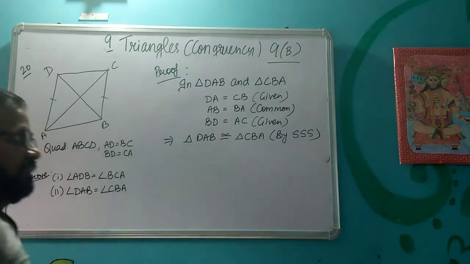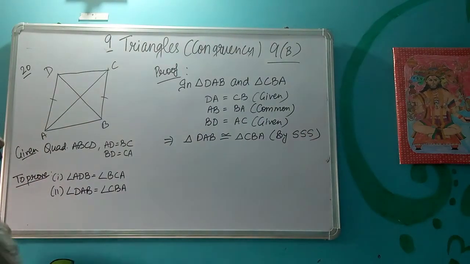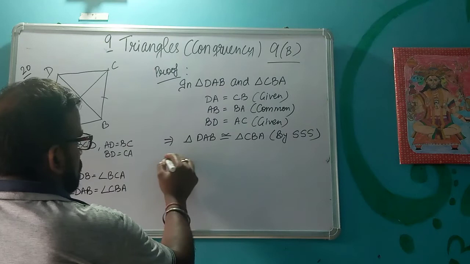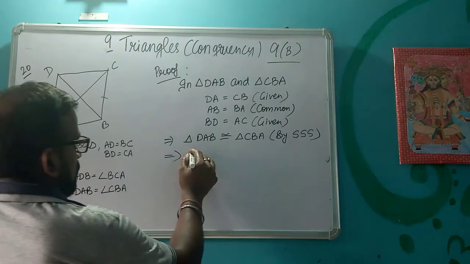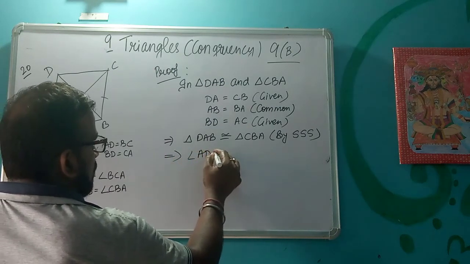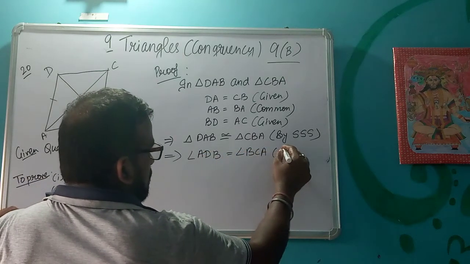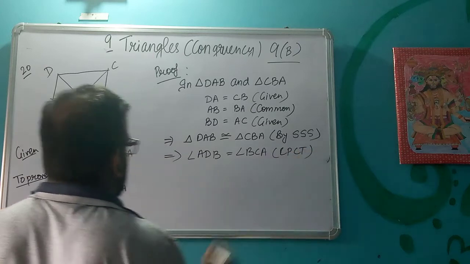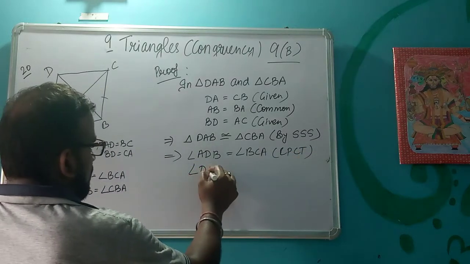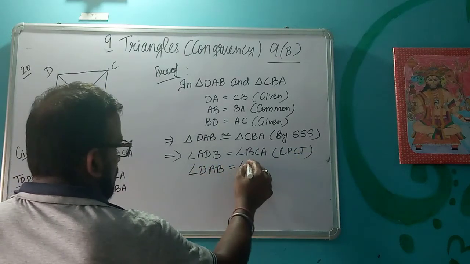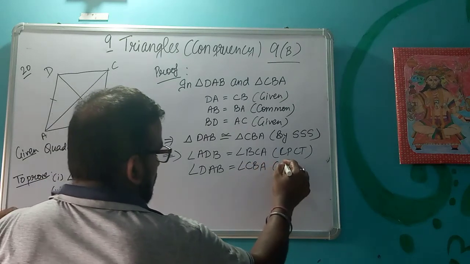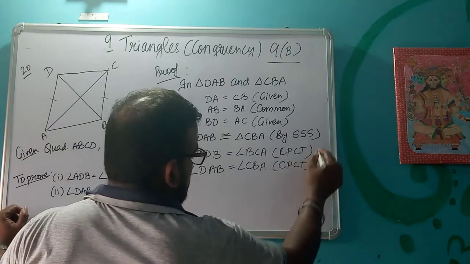Since these two triangles are congruent to each other, angle ADB is equal to angle BCA by CPCT, and angle DAB is equal to angle CBA again by CPCT.